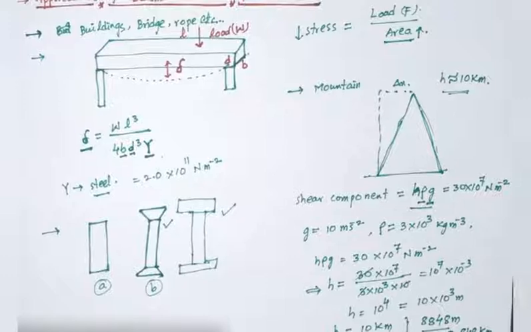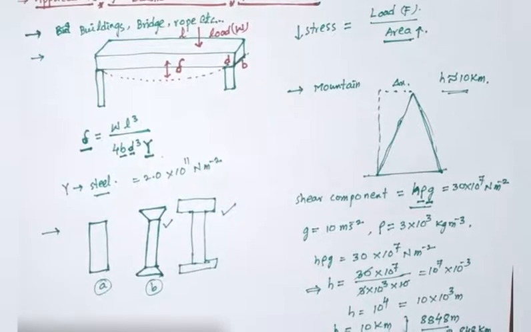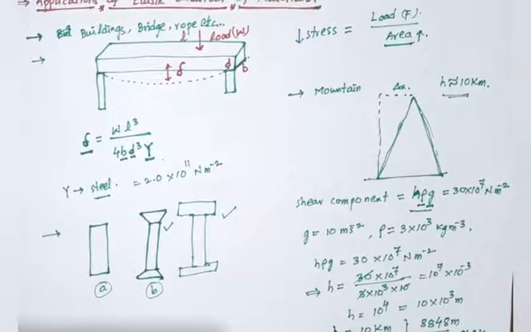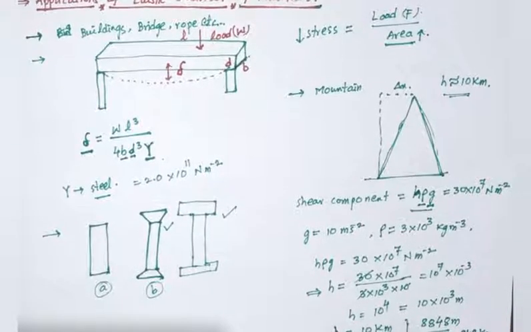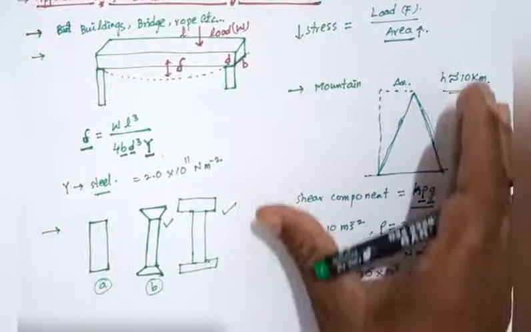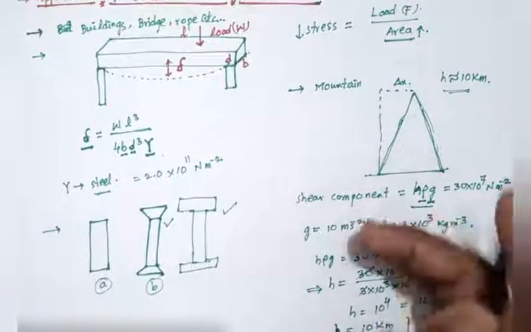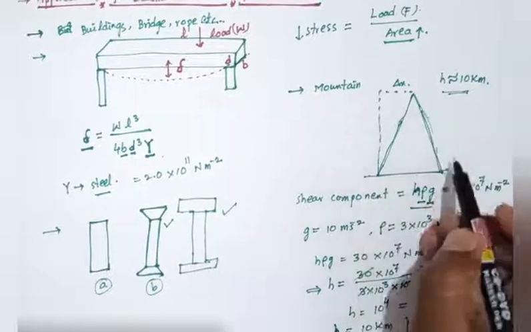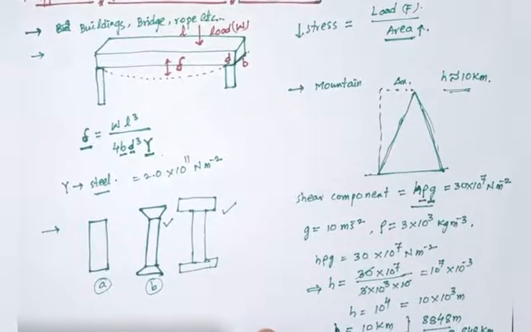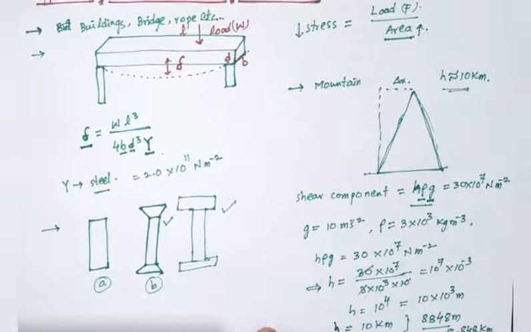This is smaller than the height we found, h equals 10 kilometers. 10 kilometers is more than the Everest height of 8.848 kilometers. So from this equation, the maximum height of a mountain is 10 kilometers. This is the end of the chapter. Thank you.